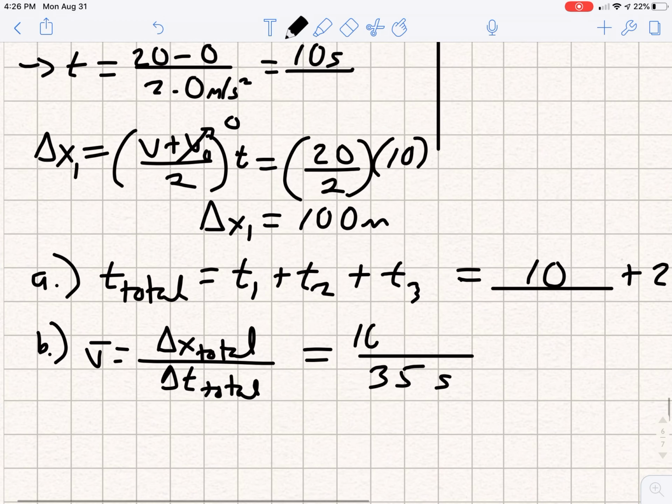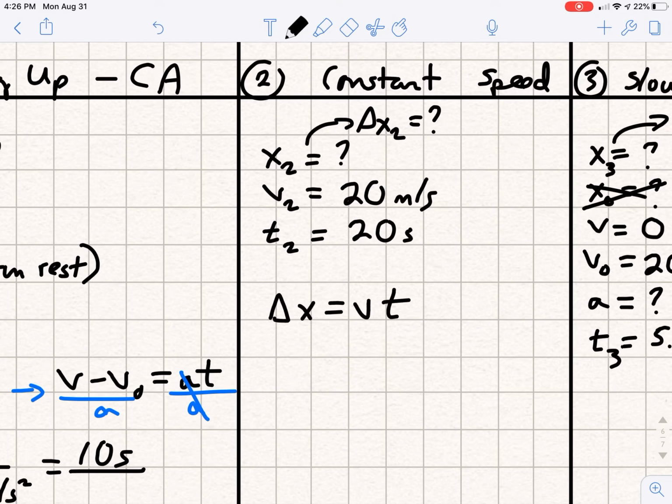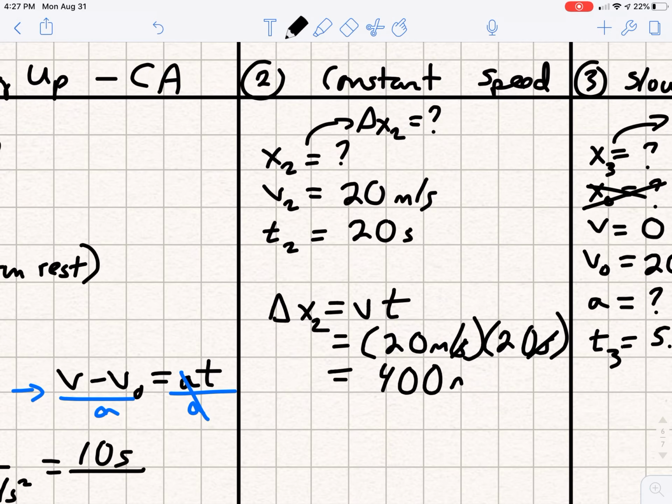Okay, so we have 100 meters for the first segment. The second segment, v times t, and that's 20 meters per second times 20 seconds, and that's 400 meters.